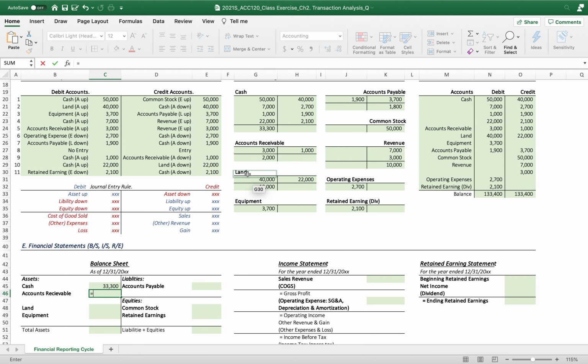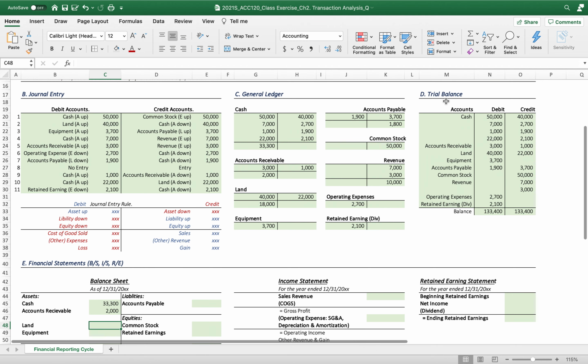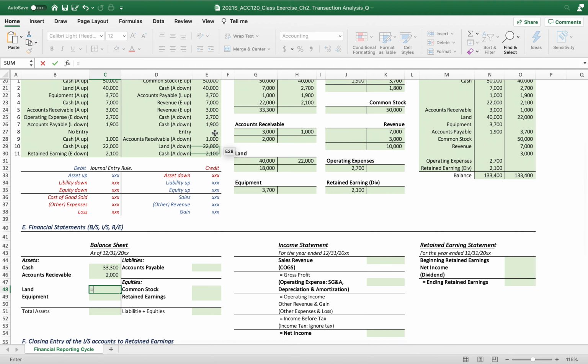Then accounts receivable 2,000. Okay, pretty simple. Then we can trust this amount because we found this trial balance, the balance between the debit and credit, which is balanced out. We collect all the information. Okay, and then land 18,000, and then equipment 700.